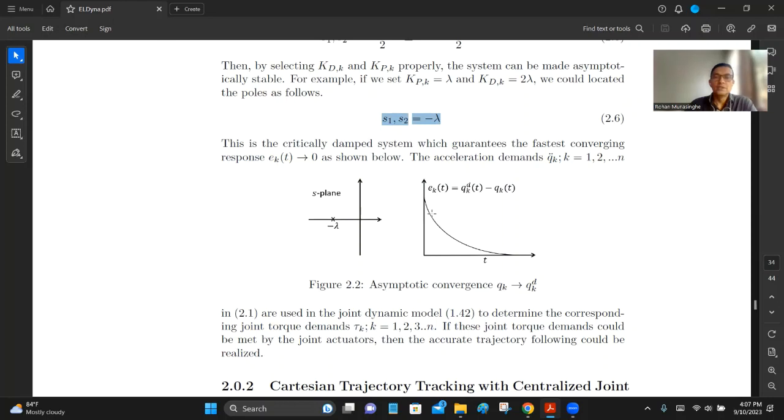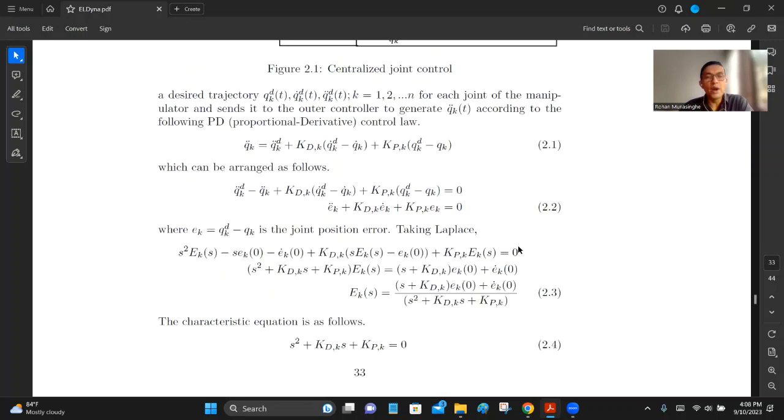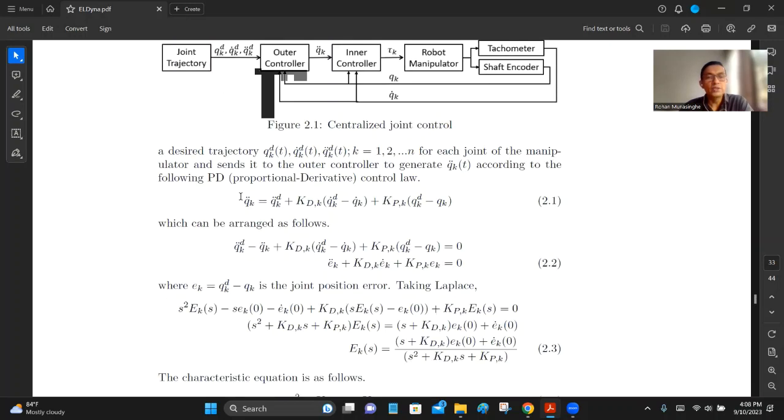That's it. Then you make sure that your error goes to 0 like that. When the error goes to 0, you have perfect tracking. The demand profile is actually being implemented by the controller. All that is required is to calculate your torque demand using this equation. This is the torque demand.